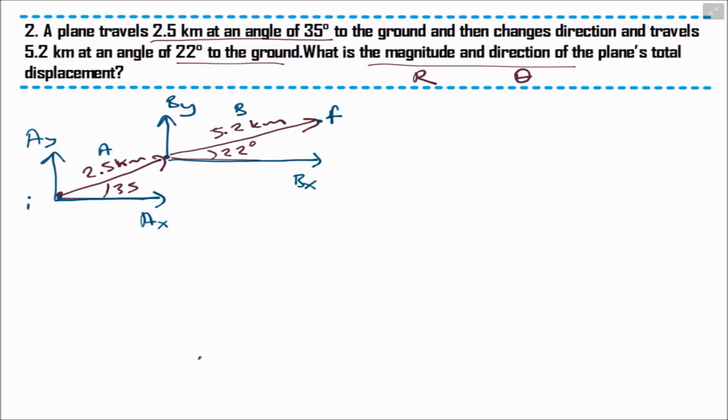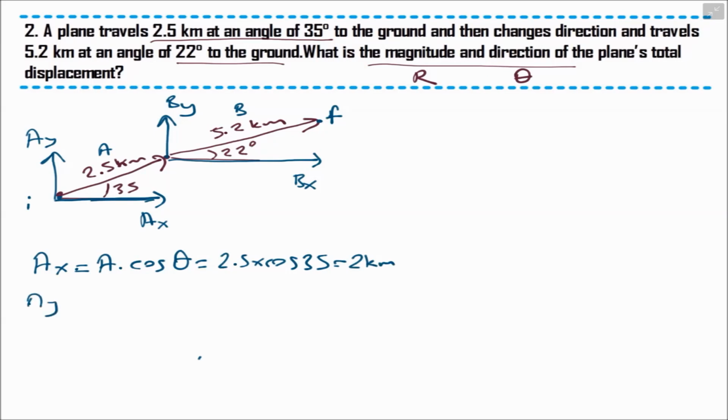And let's calculate first X component and Y component of the A. So AX is equal A times cosine theta, because AX lies in the adjacent. So it will be 2.5 times cosine 35. So that will be equal to kilometer.